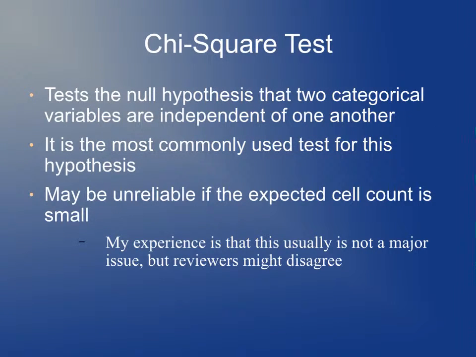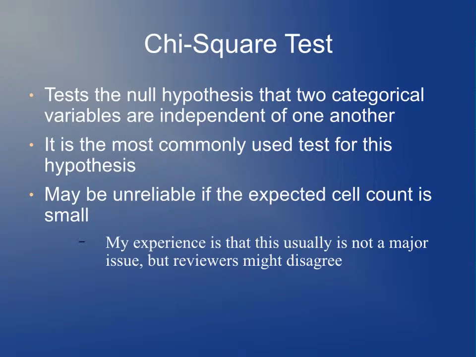The most common test that people use when you want to compare two categorical variables to one another, for example, does drug or placebo associate with pain relief or no pain relief, two categorical variables, is the chi-square test, to test the null hypothesis that they're independent. It's far and away the most commonly used.